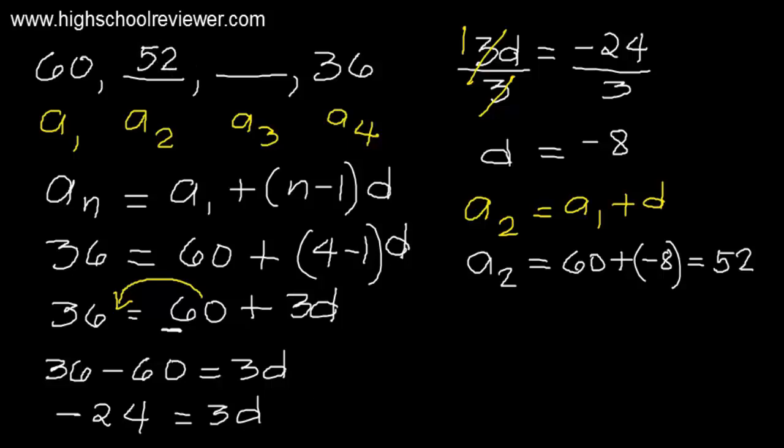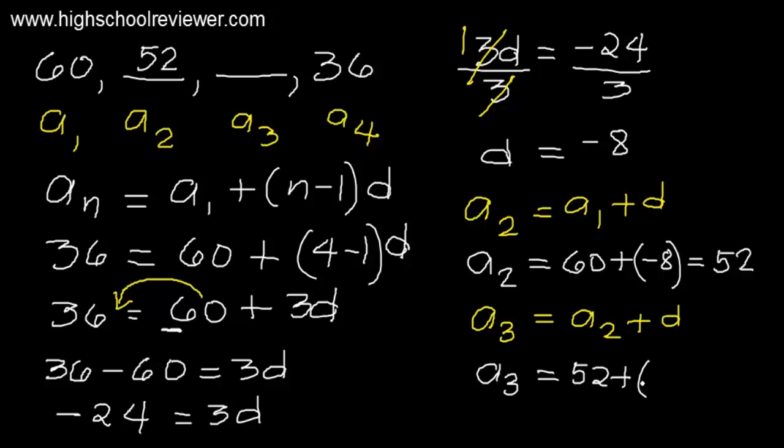Let us now find A sub 3. So A sub 3 here will now be the sum of A sub 2 and D. Our A sub 3 will be equal to the value of A sub 2, which is 52, plus our D, which is negative 8.